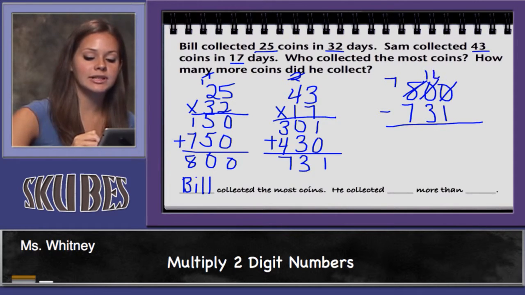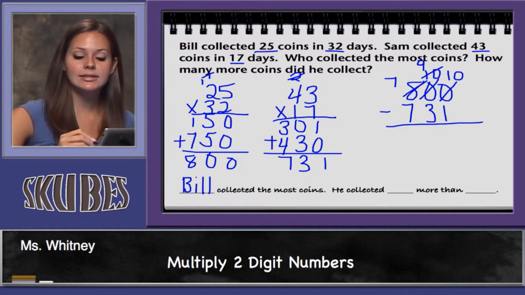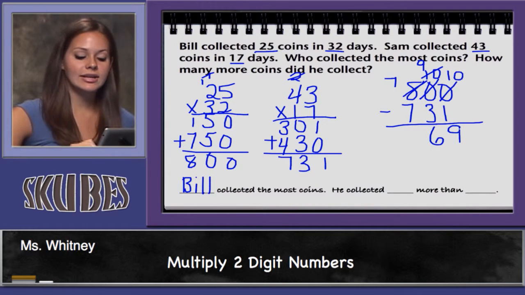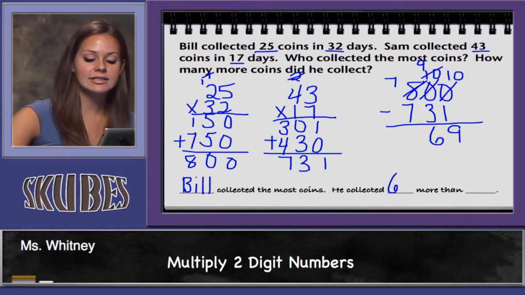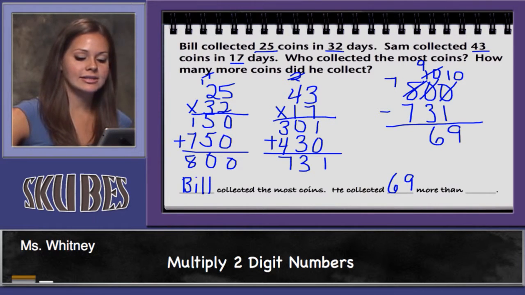The first 0 becomes a 10. Have to make it a 9 to make my ones column a 10. Now I can subtract. 10 minus 1, 9 minus 3, and 7 minus 7 is 0. So Bill collected 69 more coins than Sam.